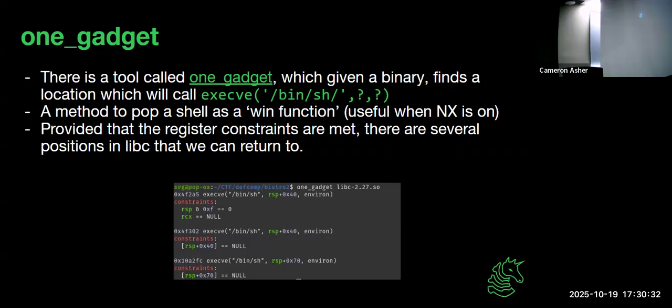There are generally several positions in libc that might be useful for this. This is an example of us running OneGadget on some version of libc. With certain preconditions that have to be met, it will execute bin sh and pop a shell. So this is a very simple way to have a target for what you're trying to set your return address to.